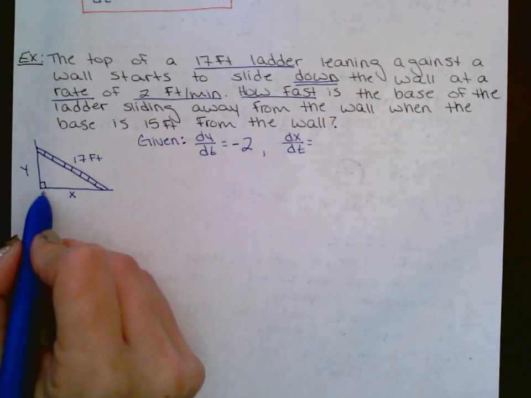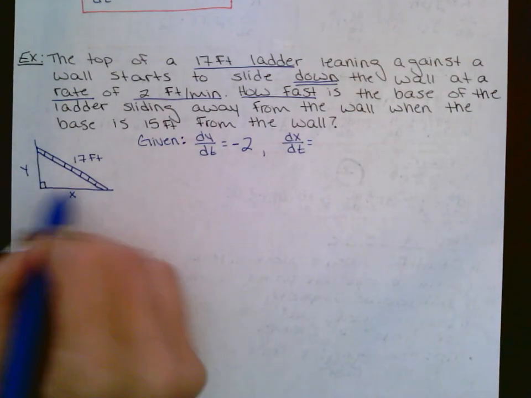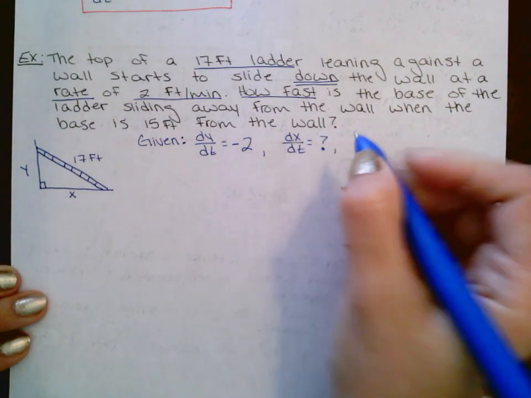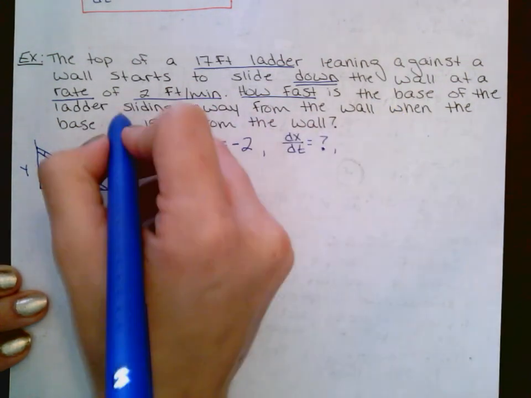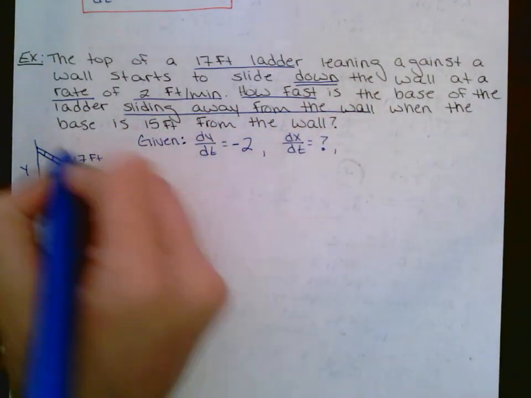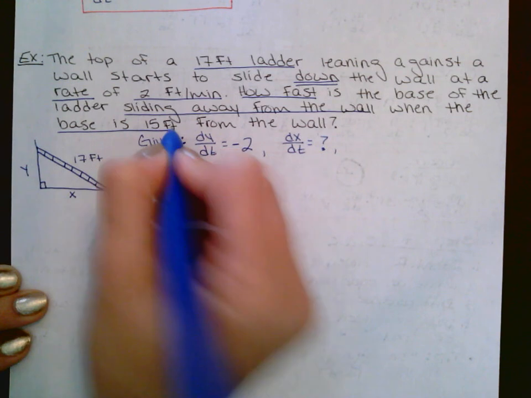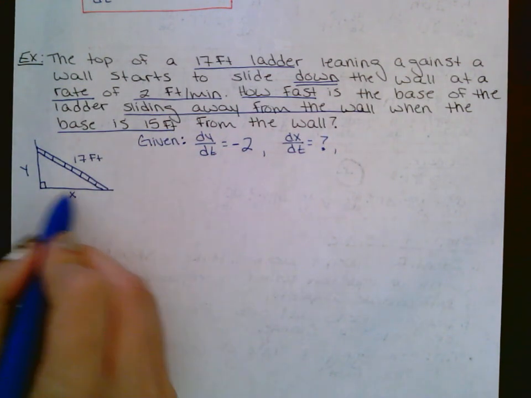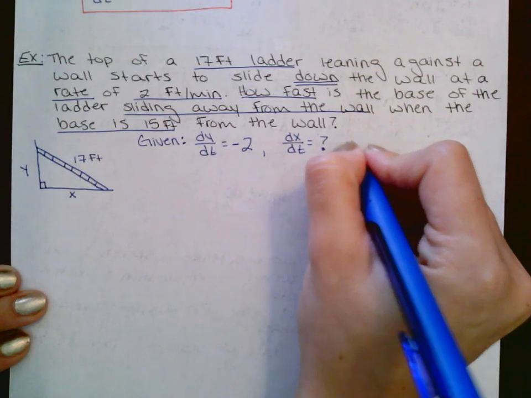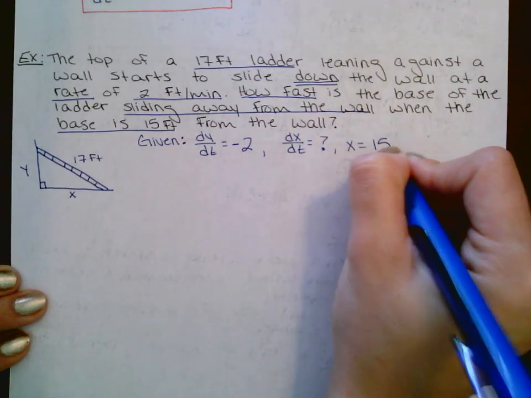And we can tell that answer is going to be positive because if I'm looking at this like a graph, moving to the right, x's are positive. Okay, so sliding away from the wall. And then it says when the base is 15 feet from the wall. So when this base is at a location of 15 feet away, they're giving you that x is 15.